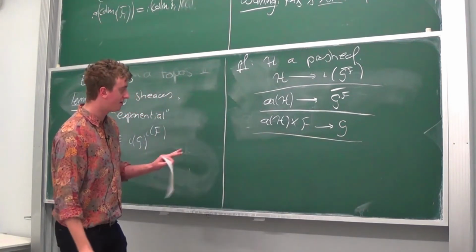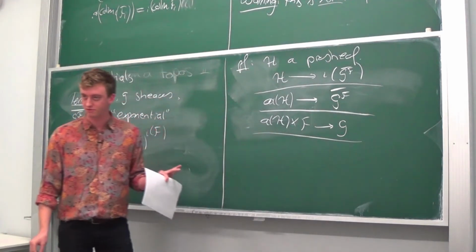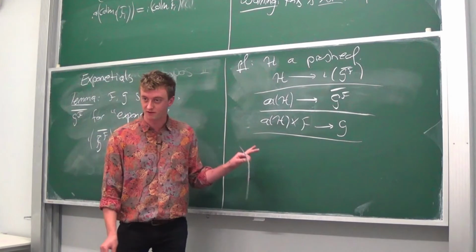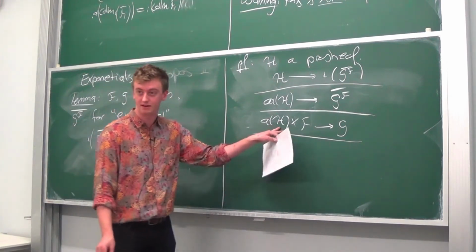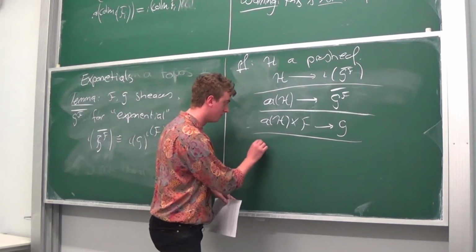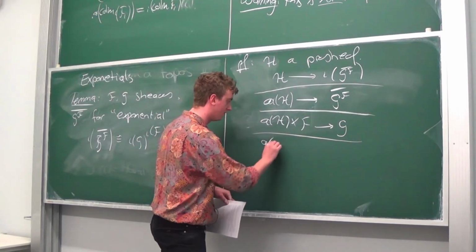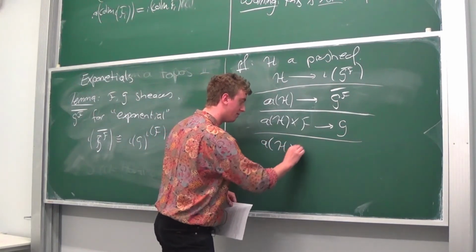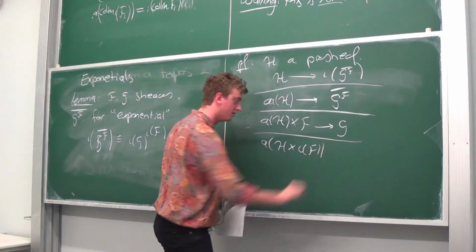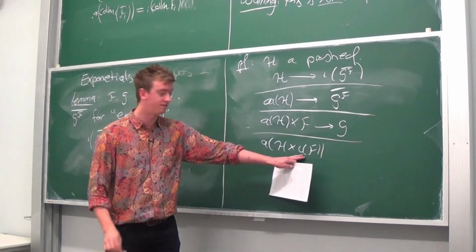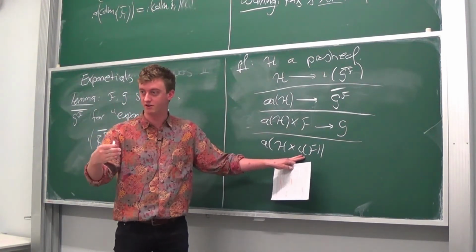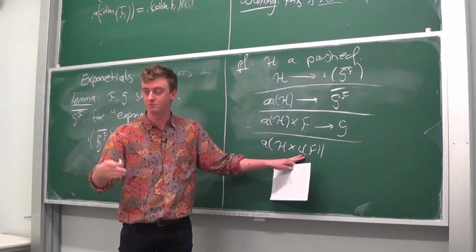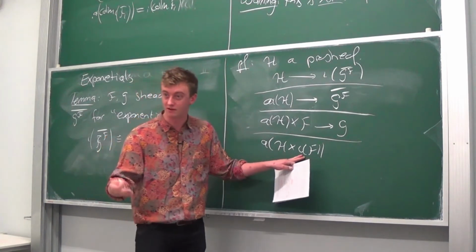Okay. Now in this step we're going to be a little bit clever. So we know that the sheafification functor preserves finite limits. So in particular we know this left-hand side is actually equal to the sheafification of H times iota of F. But this also follows from the fact that once you take a sheaf, take its underlying pre-sheaf, then sheafify, you're going to recover the sheaf that you started with. This is because sheafification of a sheaf is the sheaf again.